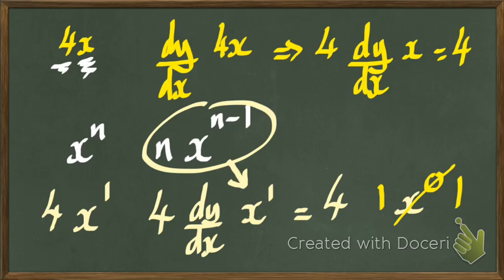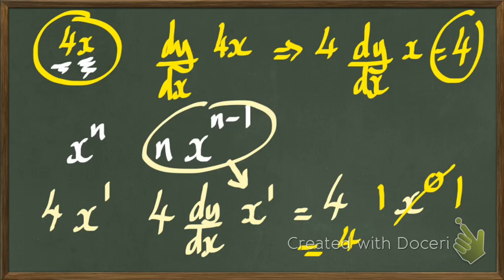So I end up with 1 times 1, which is 1 times 4, which means the answer is just 4, which bears out what we intuitively thought. A little bit long-winded, but that's how it works.